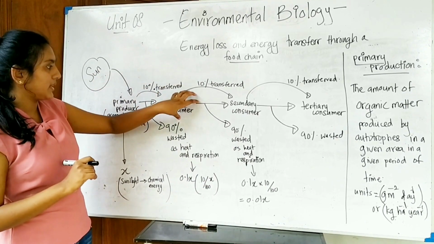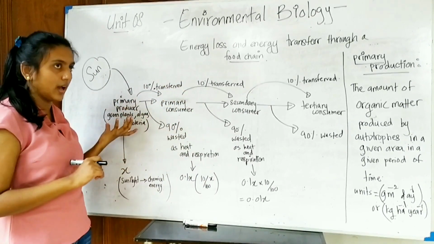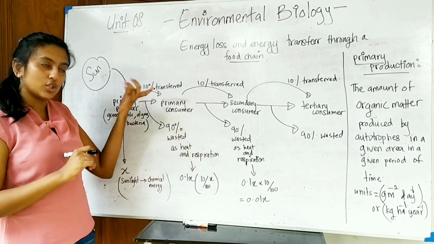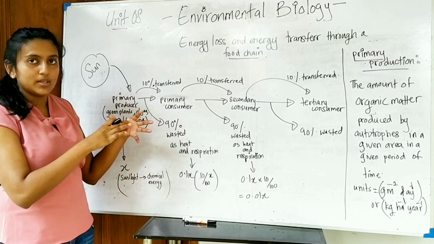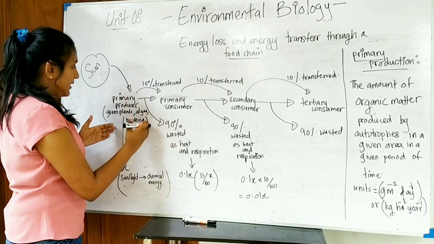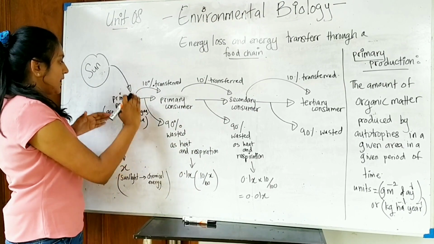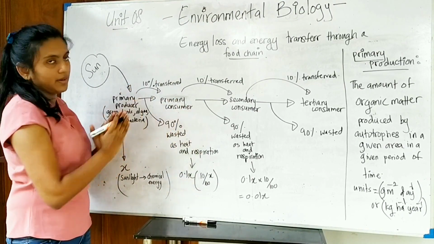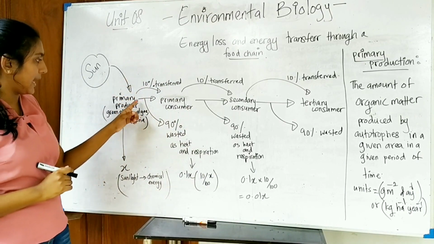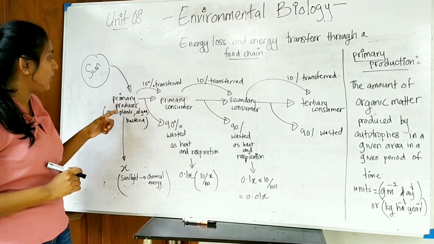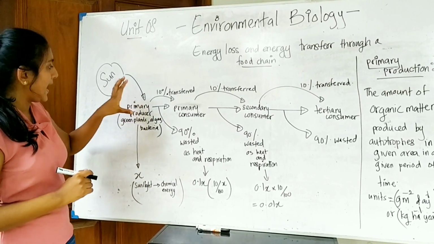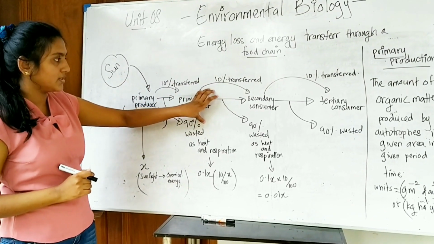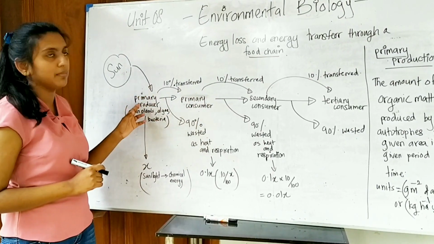So when the primary consumer, suppose a grasshopper eating grass, consumes this primary producer, as we said, the 10% of the energy that was remaining will be transferred into the primary consumer. That remaining 10% will be stored in the body tissues of the plant, and that will be transferred to the primary consumer once it eats the primary producer.